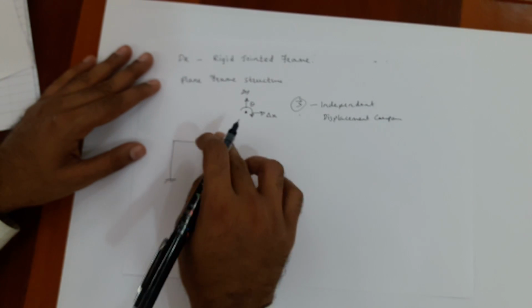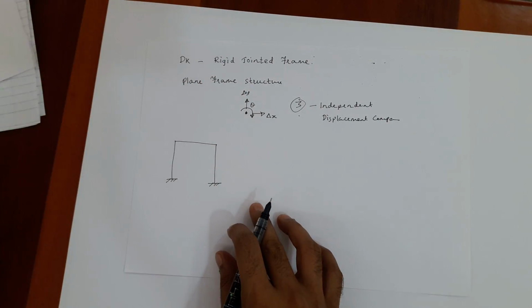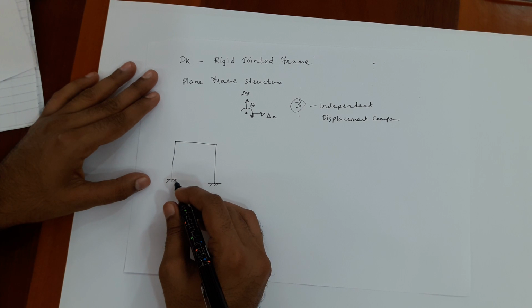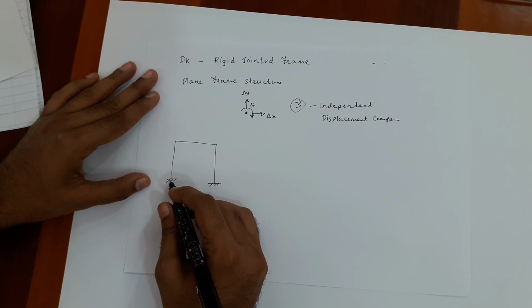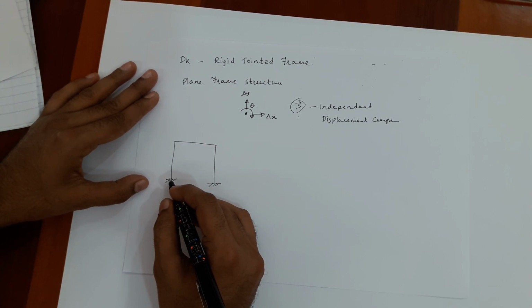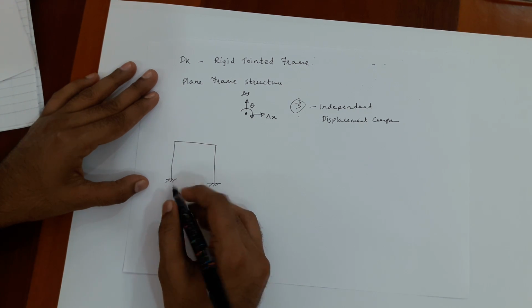Now we will go to each and every joint and define the degrees of freedom. At this joint there is a fixed support. So at a fixed support you have three reactions: vertical reaction, horizontal reaction, and a resisting moment.